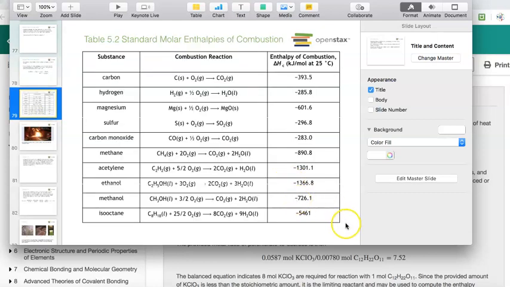So here is a table of standard molar enthalpies of combustion for certain elements or compounds.